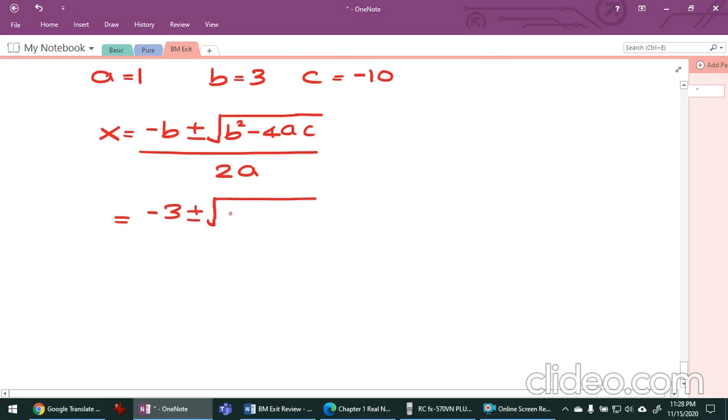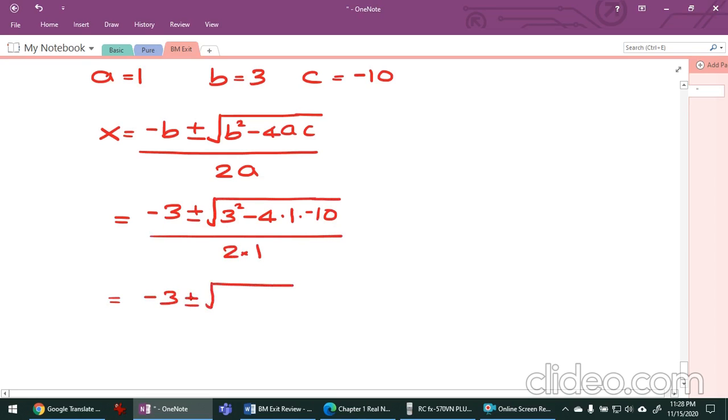What is b square? B square means 3 square minus 4 into a is 1, into c is minus 10, divided by 2 into 1, because a is 1. So equal to minus 3 plus or minus square root.